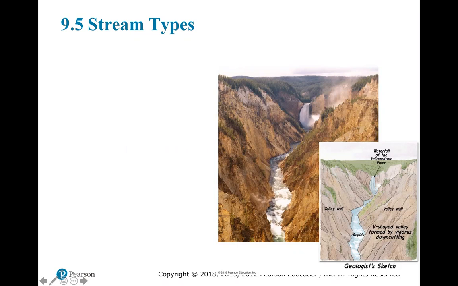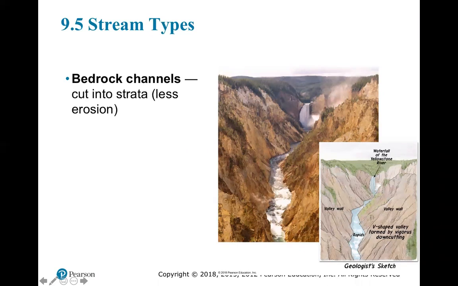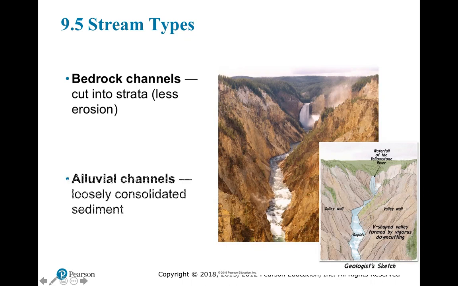All right, so there are different stream types. We won't get too much detail into this, but we have bedrock channels. Typically, bedrock channels end up resulting in like a steep canyon-like structure. And then we have alluvial channels, and these are more what we'll see in looser material. Oftentimes, these might be flatter as far as the way they've cut through the terrain. So here we can see Yellowstone River, and we can see these dramatic canyons as it's cutting through this hard bedrock, making its way through.